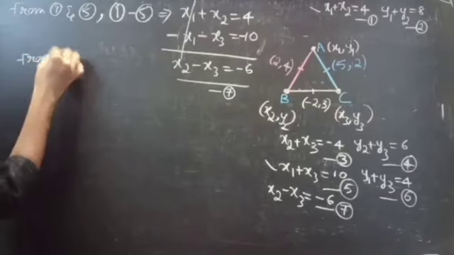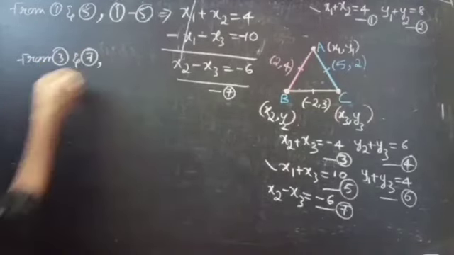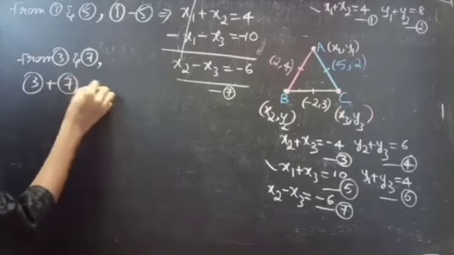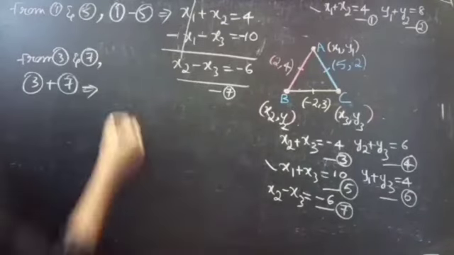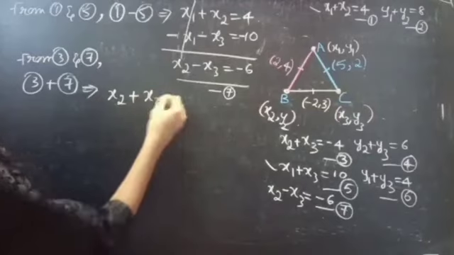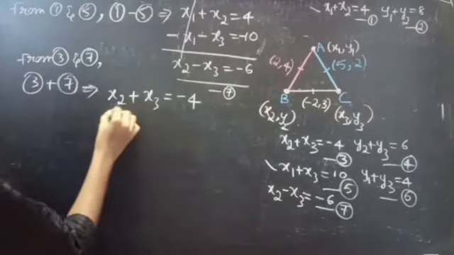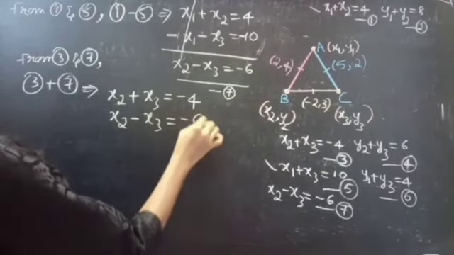From equation 3 and equation 7, equation 3 plus equation 7 gives: equation 3 is x2 plus x3 equals minus 4, and equation 7 is x2 minus x3 equals minus 6.